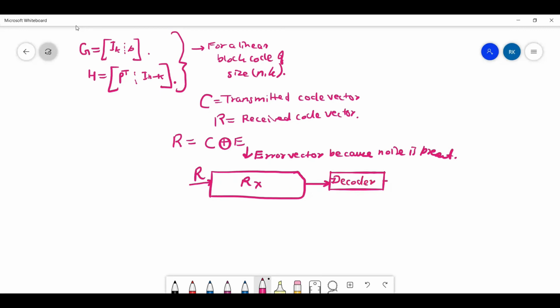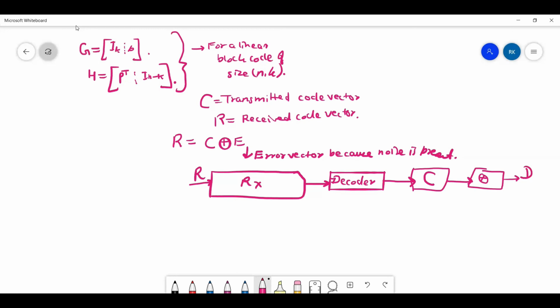And we want that the decoder output should be C. Also, when C is obtained, we want some operation, and after that we want to receive D. That is our original message block.